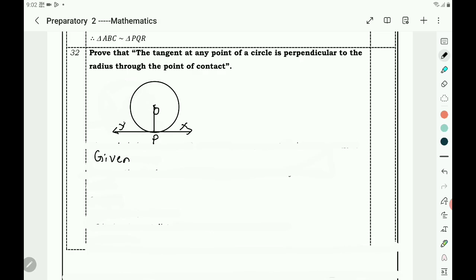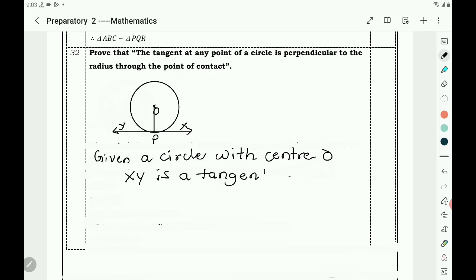So given, what is given here? Given a circle with center O, and XY is a tangent at P. We need to prove that OP is perpendicular to XY.